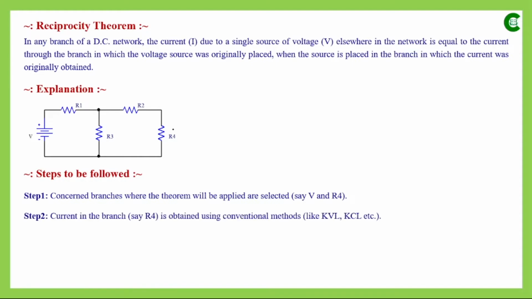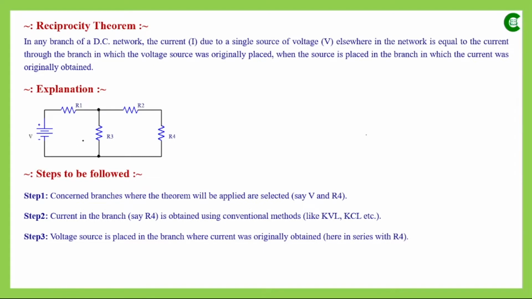In the next step, we will find out the current value through this R4 by the conventional methods that we know, KVL, KCL, maybe voltage division rule, current division rule, etc. After obtaining the current value through this resistor, in the next step we will place this voltage source in this branch where the current was originally obtained.